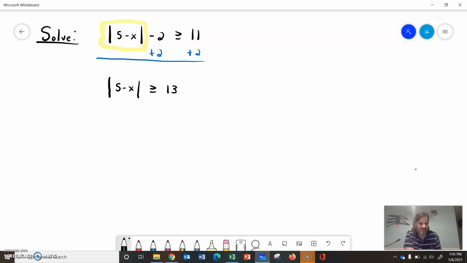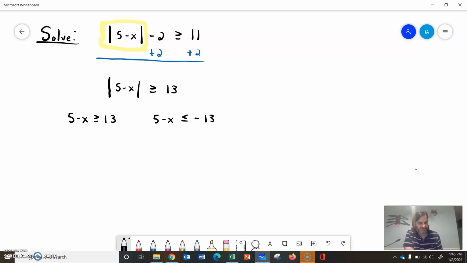So the first one comes from just dropping those bars. So 5 minus x greater than or equal to 13. And the second one comes from dropping the bars. So 5 minus x. Flip the inequality so it'll be less than or equal to negative 13.